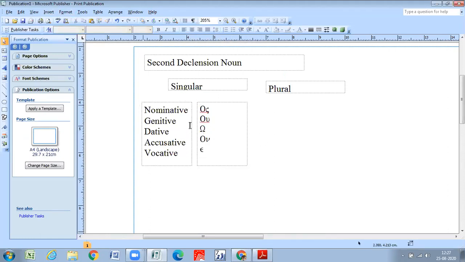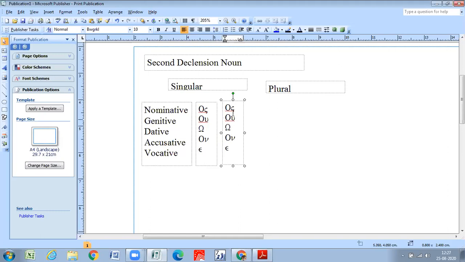Then the same thing, what about the plural? Nominative, oi. Genitive, on. Dative, ois. Accusative, ous. Vocative, oi.